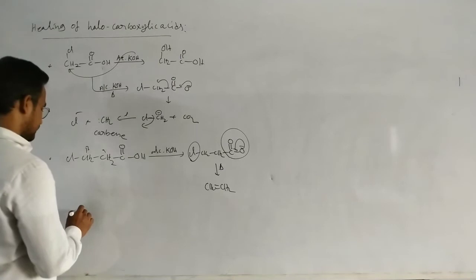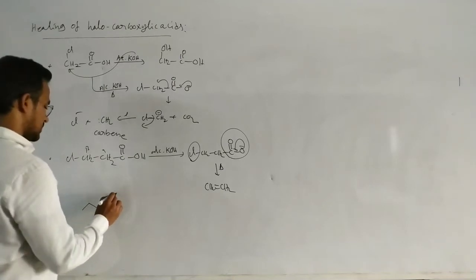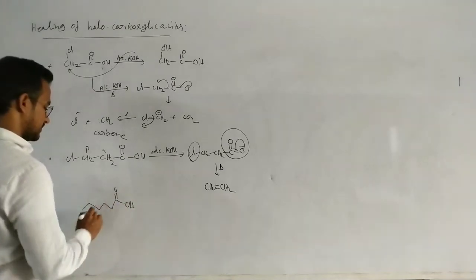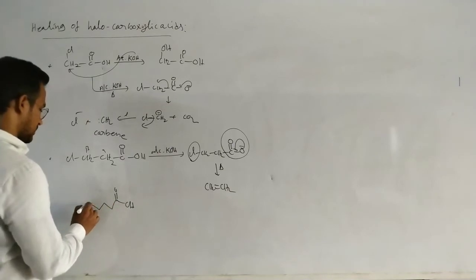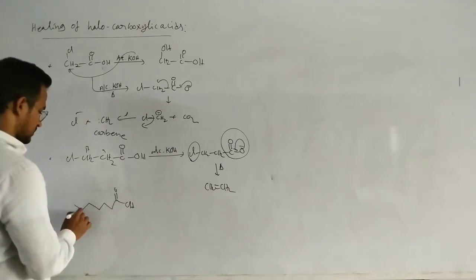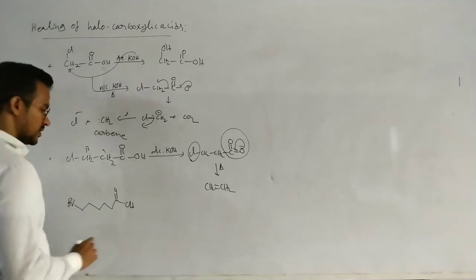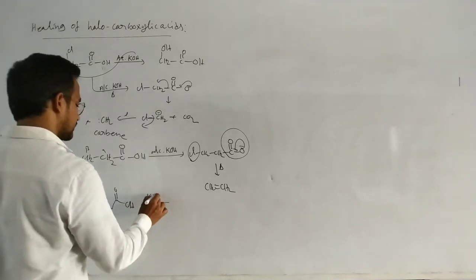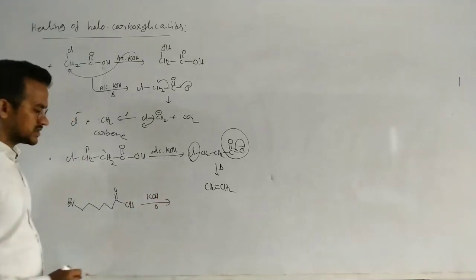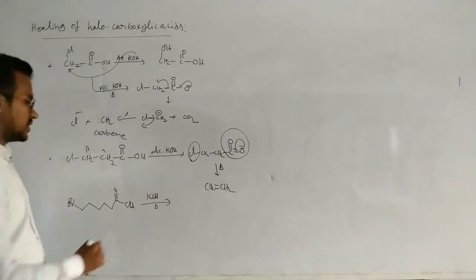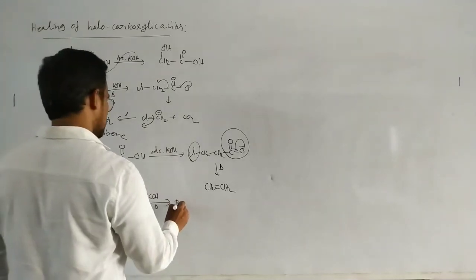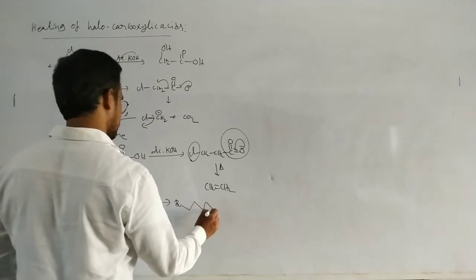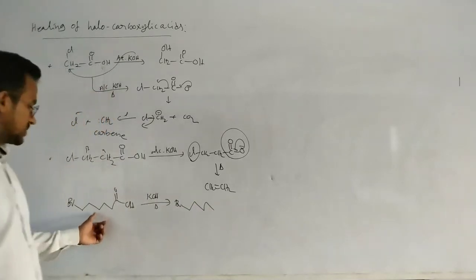Suppose here is one reaction: this is a carboxylic acid, this is a halogen. This one on treating with KOH, here an acid base reaction takes place. CH2.